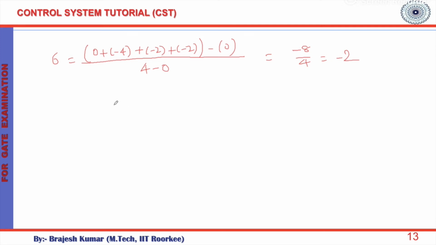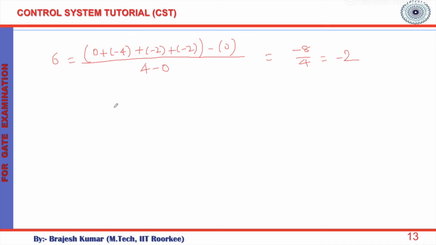Now we need to find the breakaway points. For finding the breakaway points, we form the characteristic equation. We are having G(s)H(s) given to us, so we form the characteristic equation, which is 1 plus G(s)H(s) equal to 0. Then after forming the characteristic equation, we rearrange it such that we have k on one side of the equation and everything else on the other side.